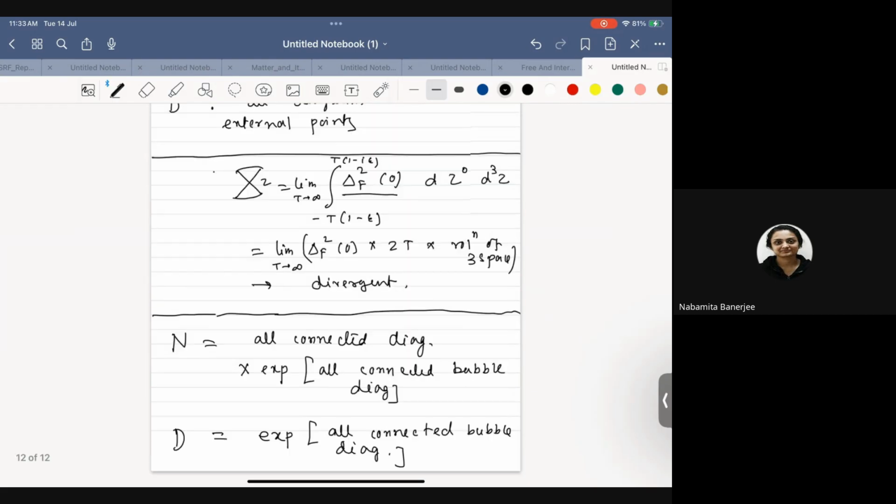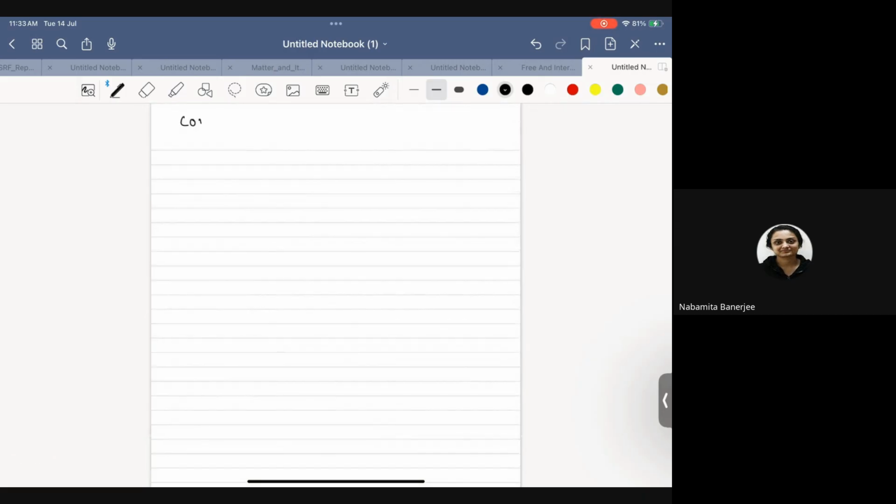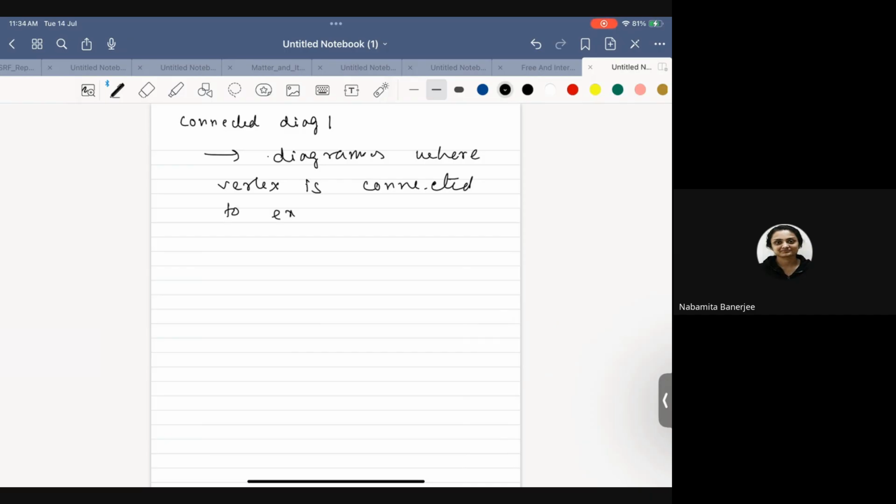So what is a connected diagram? Connected diagrams are diagrams where the vertex is connected to external points, or external legs, as we also call them. And a bubble is not connected to an external leg.